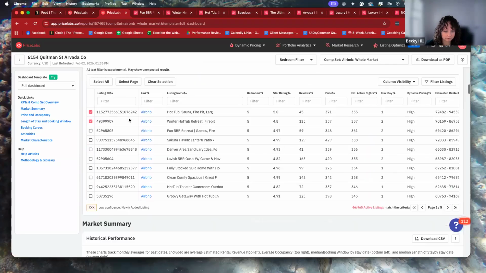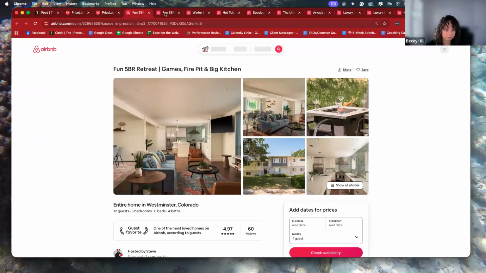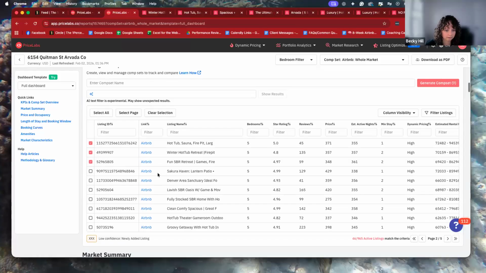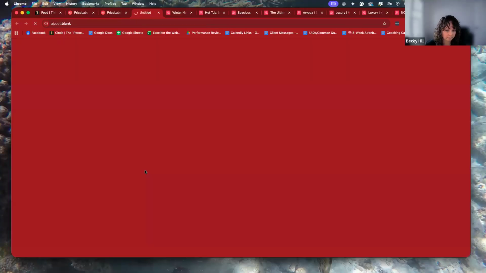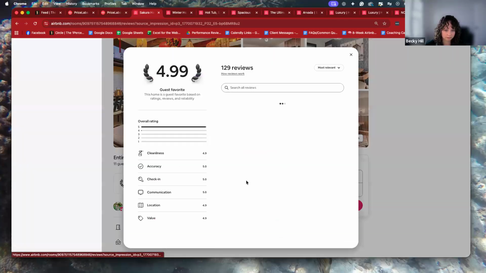Okay, how many do we have so far? I don't know. We'll read to this one. This one was good. This one also has a hot tub.